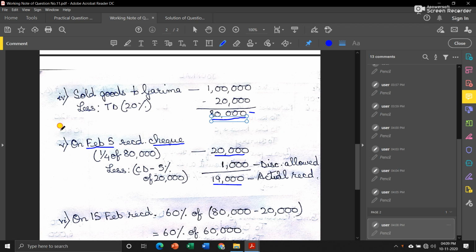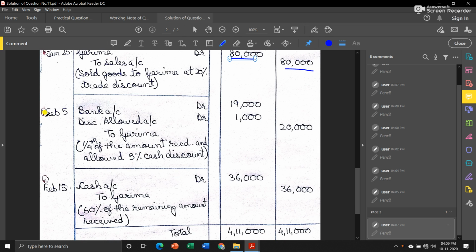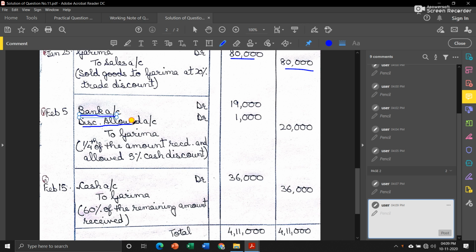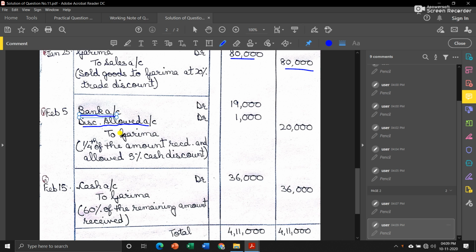So for February 5th, this is the working note and this is the transaction that we will put in the journal. On February 5th, she paid the amount by check. That means the bank account will be debited, plus we allowed discount, so that will be debited. And the giver is Garima. So we will first write the amount on the debit side.